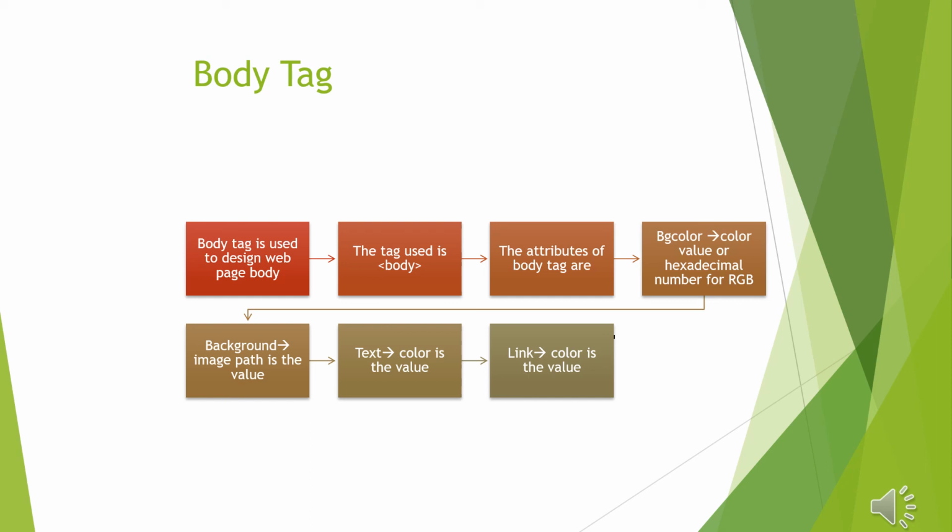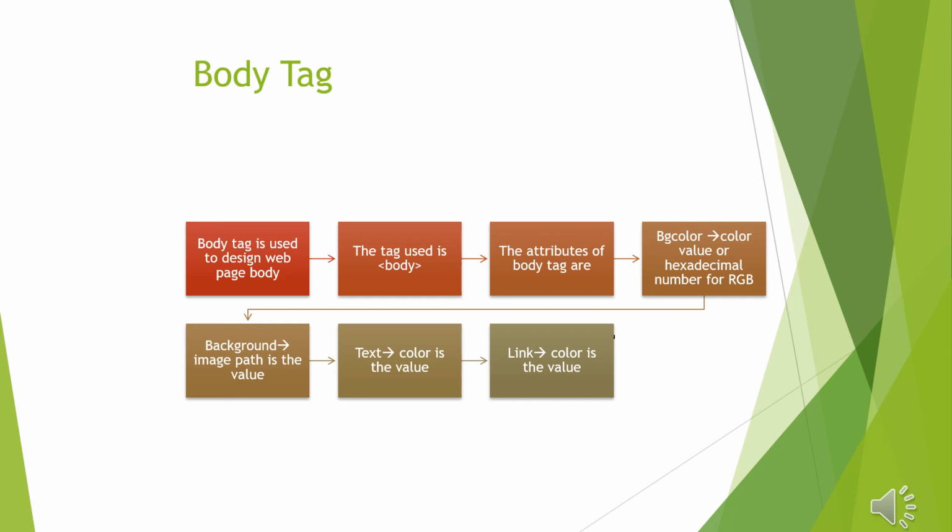Next is background. When I say background, it is some image. When you want to give an image as the background, then you use the attribute background, not image, it is background. And the value that you are going to give to this is the path of the image where it has been saved. Okay, it has to be the full path. If it is stored in C:, My Documents, My Pictures, and the file name .jpg.